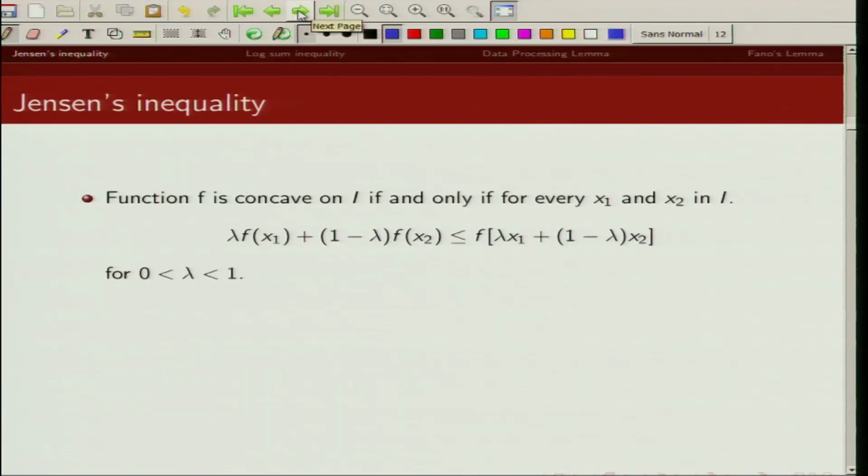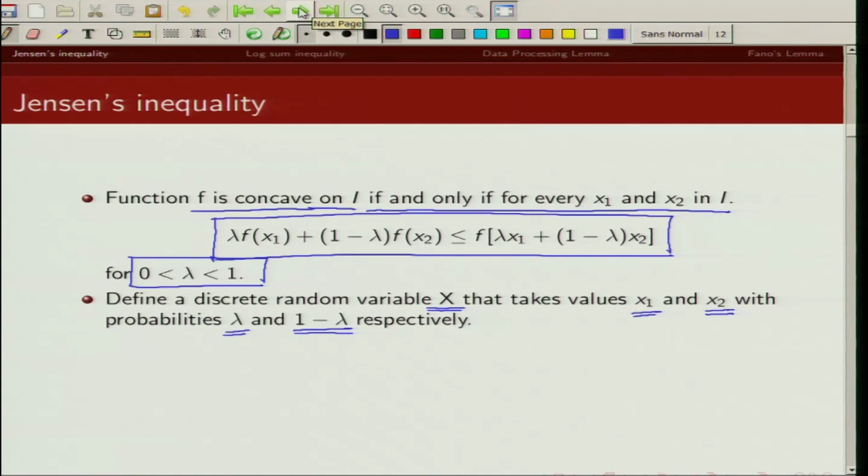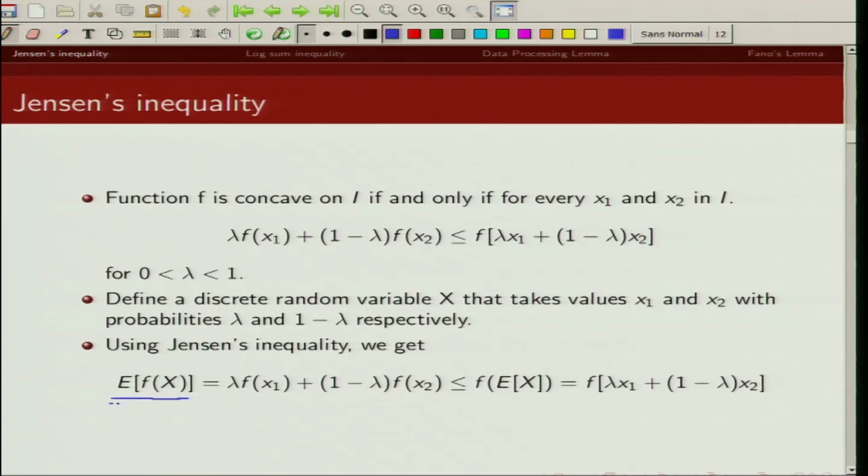So then let us compute the expected value of the function. What is the expected value of the function? x takes values x1 and x2 with probability lambda and 1 minus lambda.